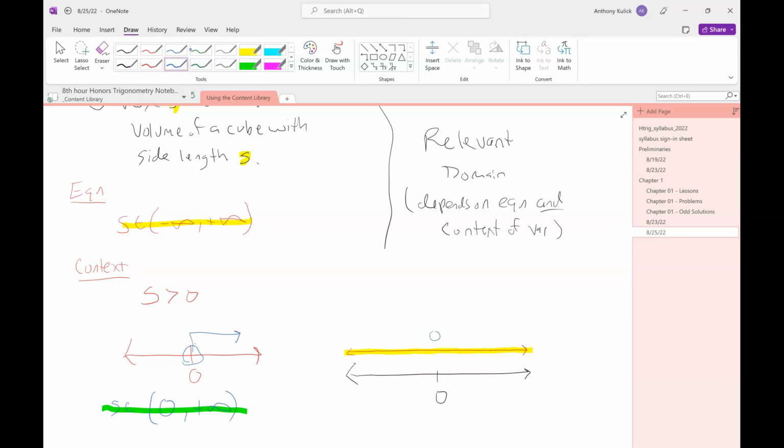From the context, we have all the positives. My relevant domain is going to be the overlap of these two, which is convenient in this case because the overlap of these two is going to be the same as the domain from the context, right?